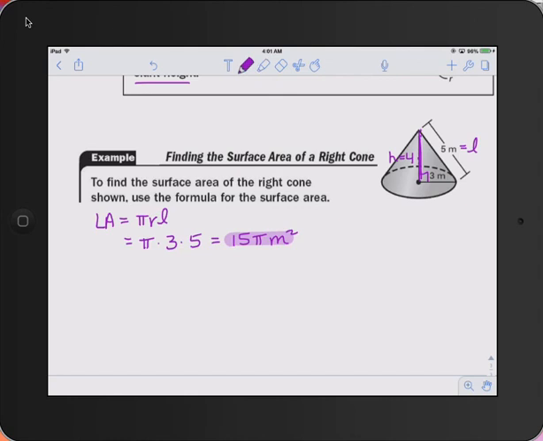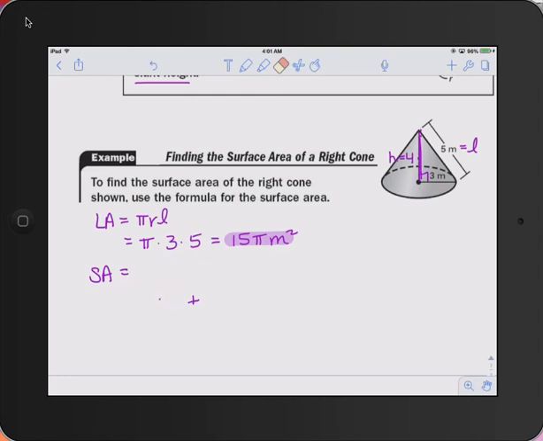Okay, and then our total surface area will be one base, which is pi r squared, plus the lateral area, which is pi r l. I don't really need to write it that way.